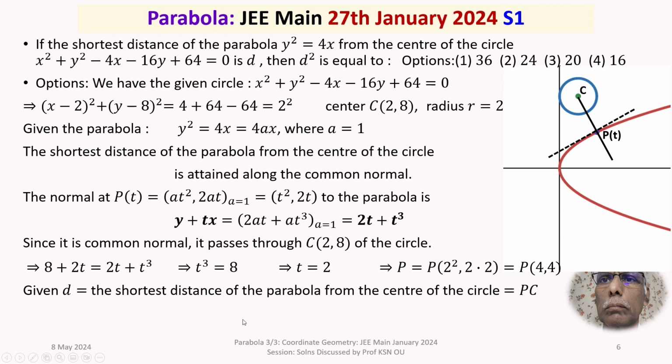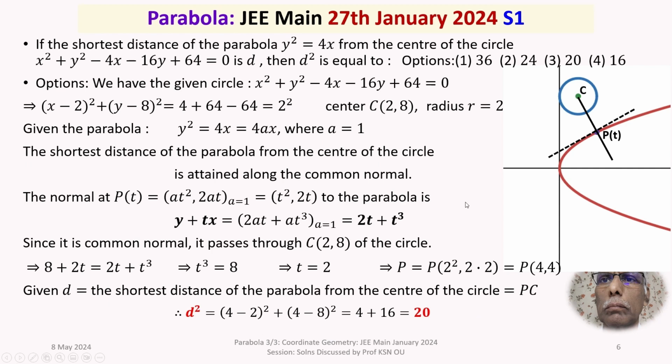So d square is equal to the distance between P and C squared. That is (4 minus 2) whole square plus (4 minus 8) whole square. Distance formula squared. So that will be equal to 4 plus 16, that is equal to 20.